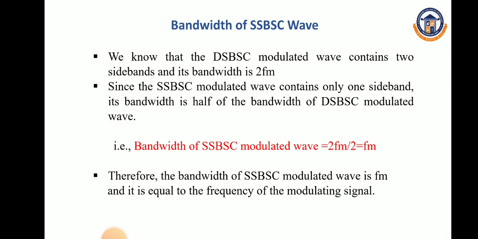So the bandwidth of the SSB-SC modulated wave is 2fm divided by 2, that is fm. Therefore the bandwidth of the SSB-SC modulated wave is fm, equal to the frequency of the modulating signal.